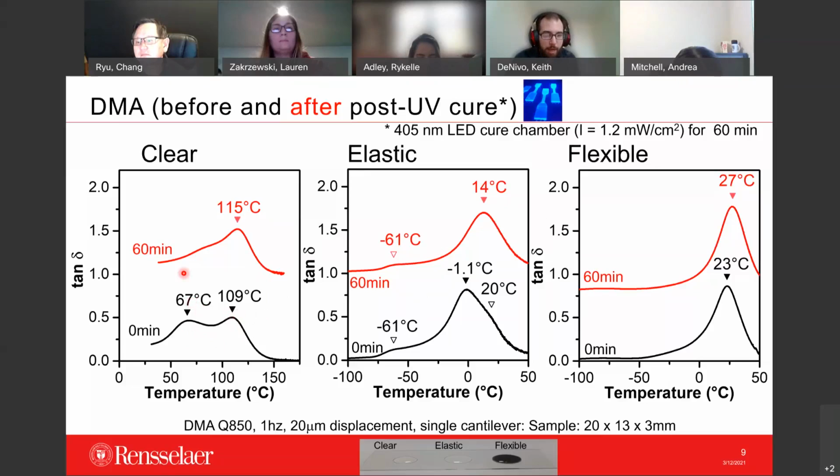And after subjecting it to more UV radiation, the glass transition temperature shifts to a higher one. And the same thing occurs for the elastic and the flexible. However, in the elastic and flexible, there's a much smaller change in Tg as compared to the clear.